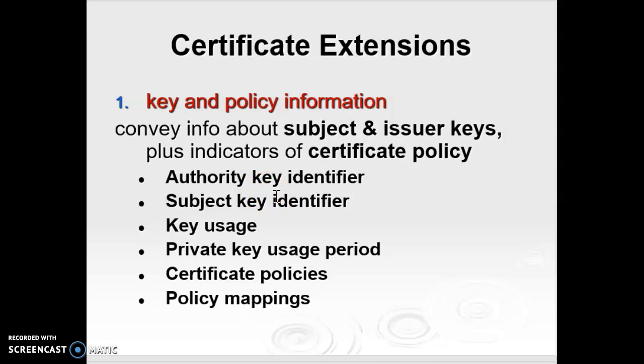It enables distinct keys of the same CA to be differentiated. So if the keys of the same CA have to be differentiated, this particular field, the authority key identifier, is utilized. Next is the subject public key identifier, which identifies the public key which is being certified, the public key of the subject, and is used for the key pair updating of the subject key.